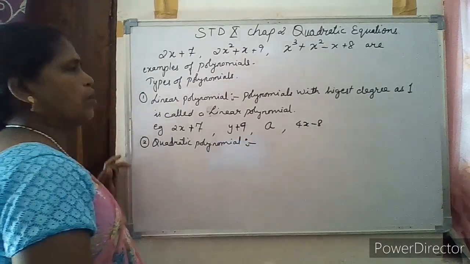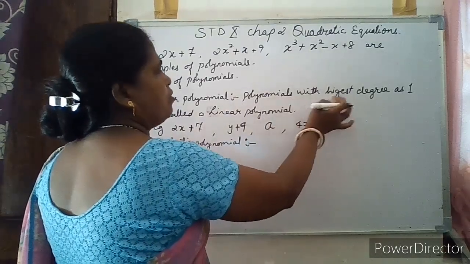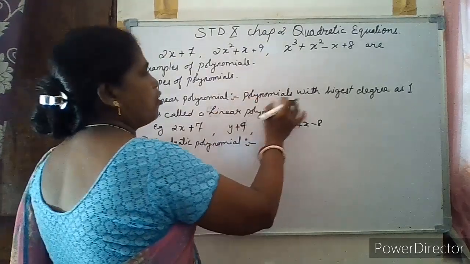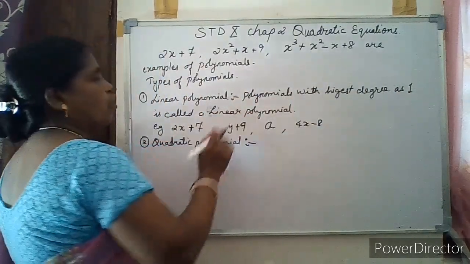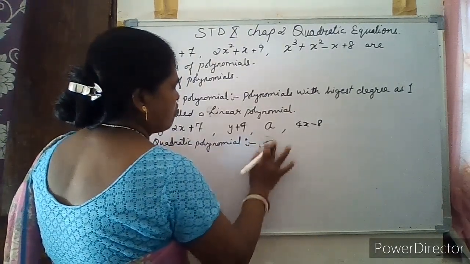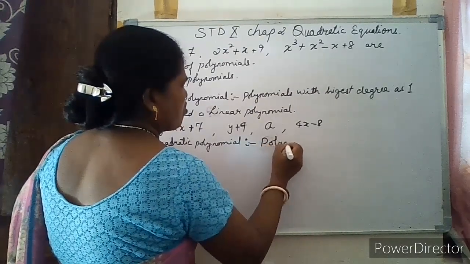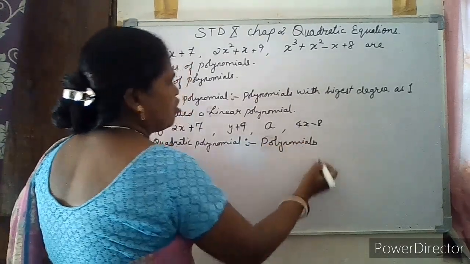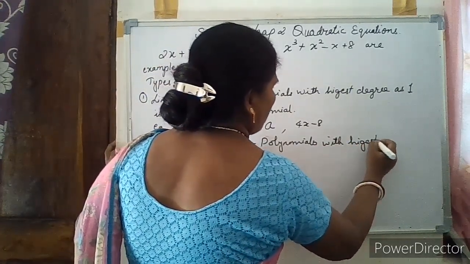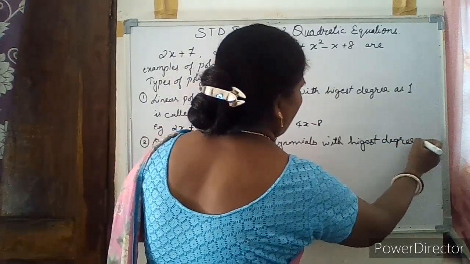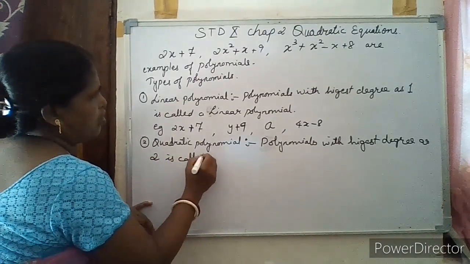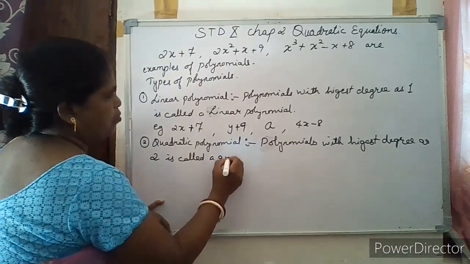Just like polynomials with highest degree as 1 are called linear polynomials, so also polynomials with highest degree as 2 are called quadratic polynomials.